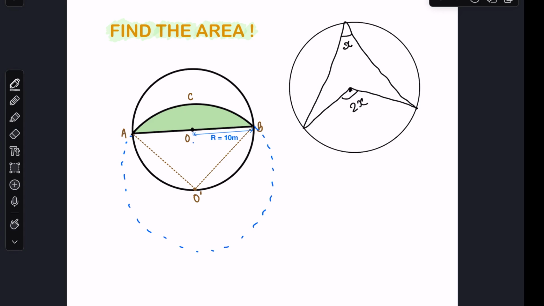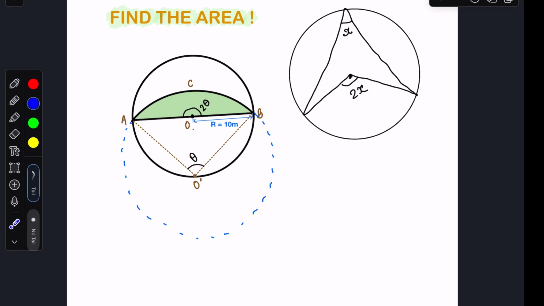So using this concept, if we have theta here, then this will be 2 theta, and we know that AB is a diameter and it is a straight line. So 2 theta is nothing but 180 degrees. That means theta is 90 degrees.